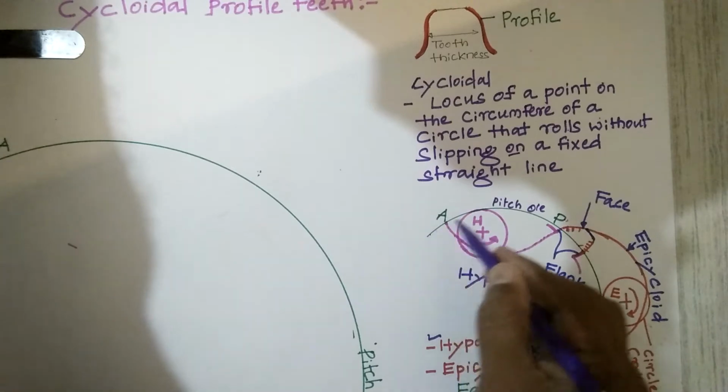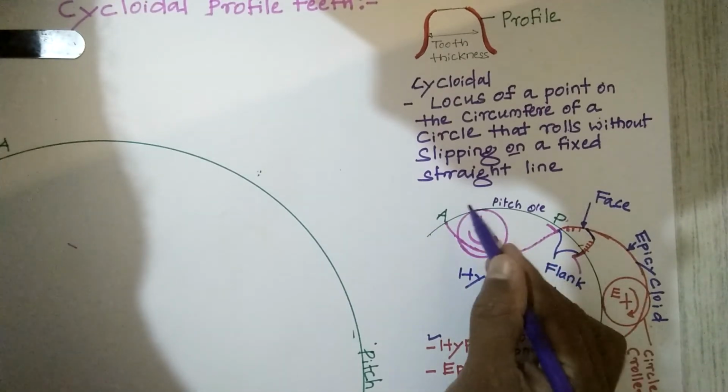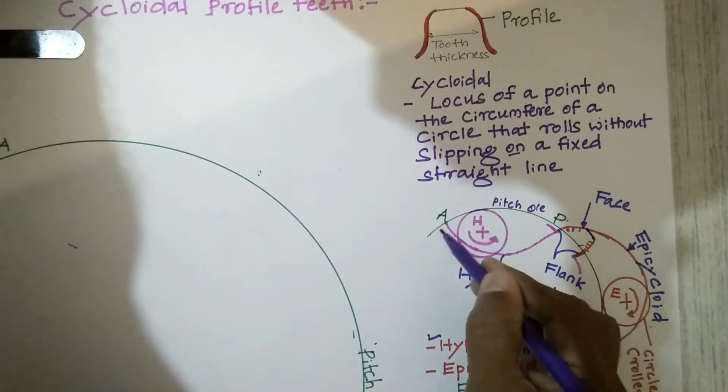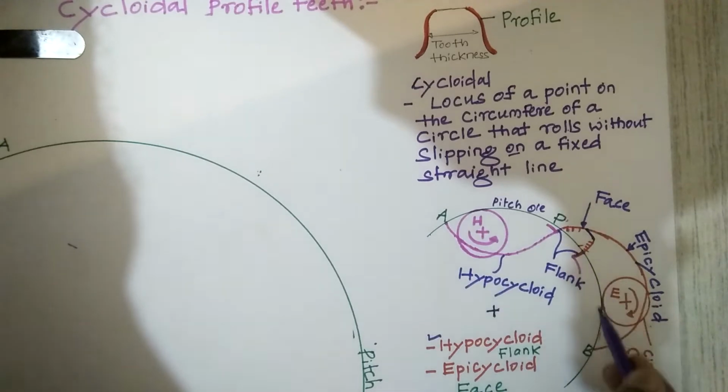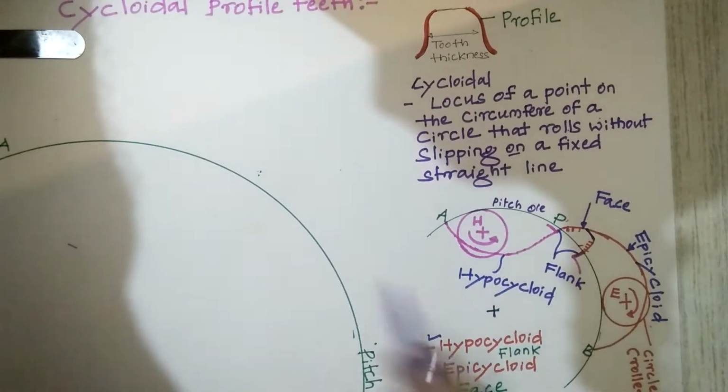Clear what I am saying? This is a circle. Look at this roller. This roller rolls, means moves, on the pitch circle without slipping. That is nothing but a hypocycloidal.